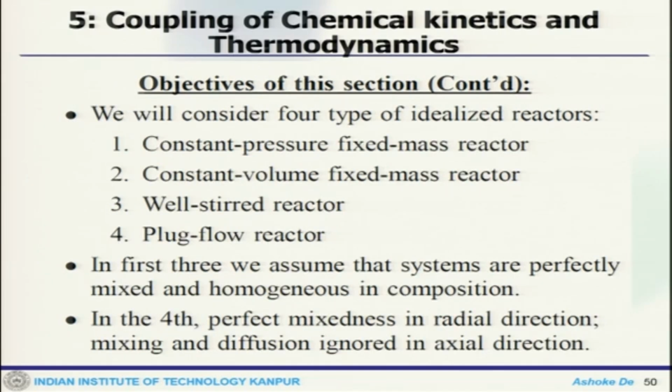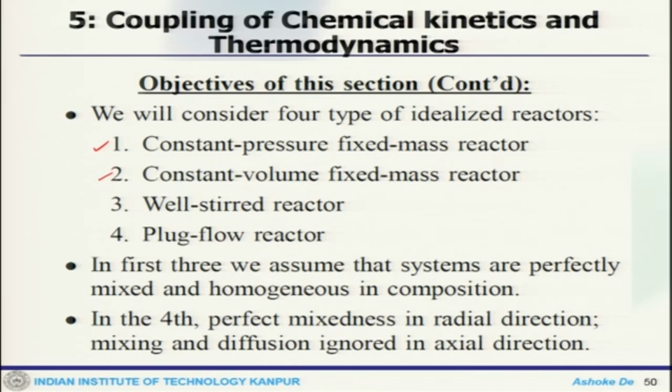Now, to do that, we will consider 4 types of idealized reactors. One is the constant pressure fixed mass reactor, which we will consider first. These are all simple idealistic situations which we consider to demonstrate the coupling between kinetics and thermodynamics. Then the constant volume fixed mass reactor is the second one.